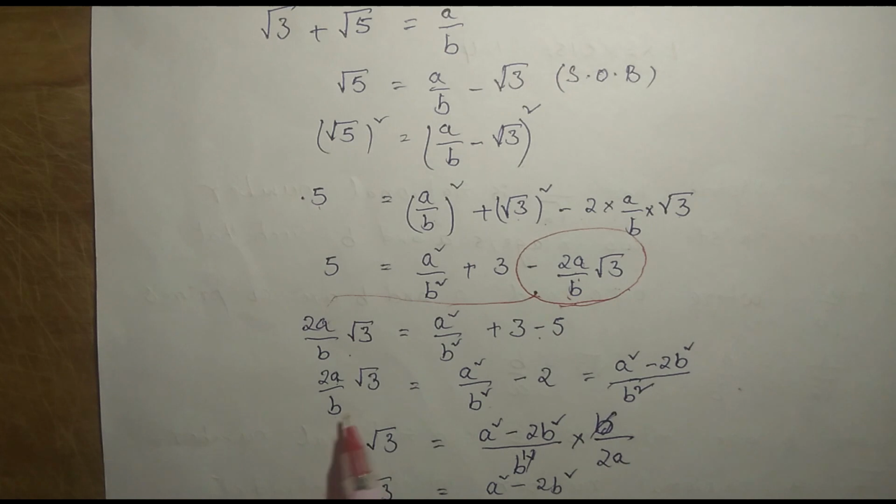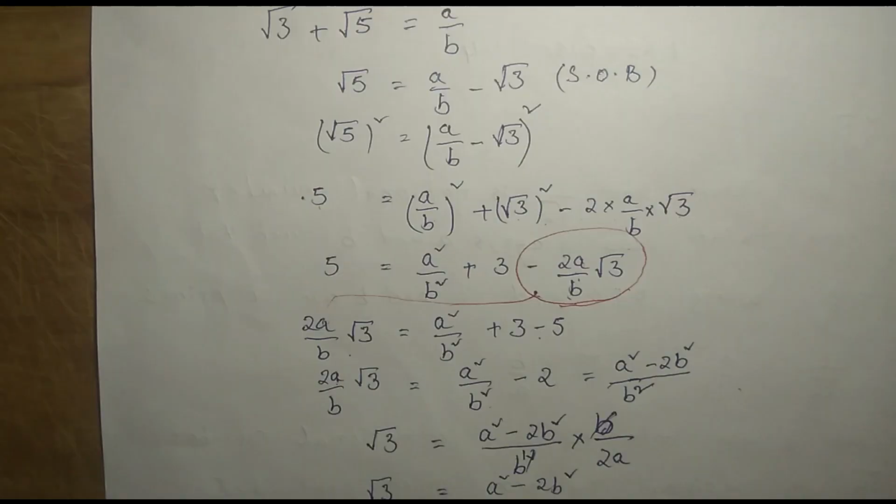Then 2a by b into root 3 equals a square by b square minus 2, and it will be written as a square minus 2b square by b square using LCM.